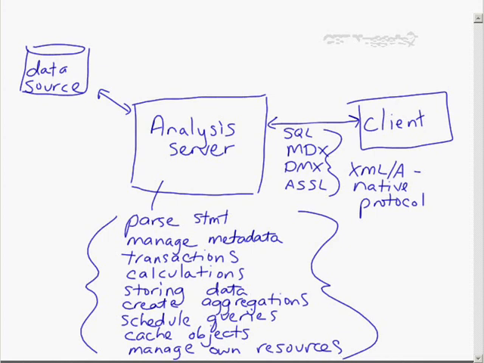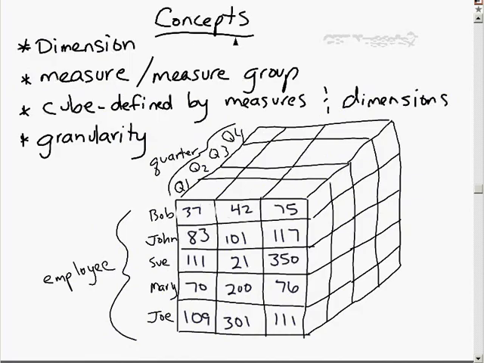I want to talk about some of the very basic concepts of SSAS, and then we'll get into a simple example. You'll see here that we have some new terminology here. We have this thing called a dimension. Think of a dimension as a business entity that you want to measure things against. For example, here I might have some employees. That's my employee dimension. I also have quarters.